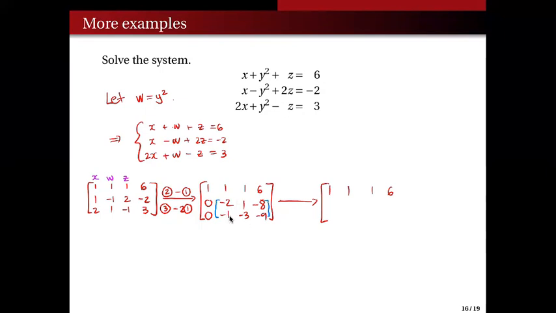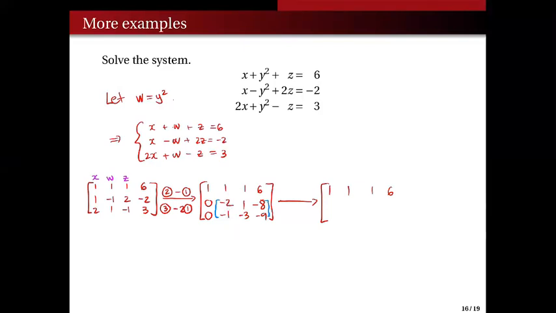Now, between second and third row, instead of choosing row 2 as the top row, we can do that because this leftmost non-zero entry here is -2, and the leftmost non-zero entry in the other row is -1, and they are on the same column.